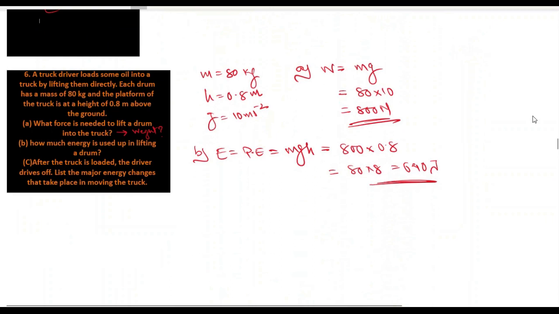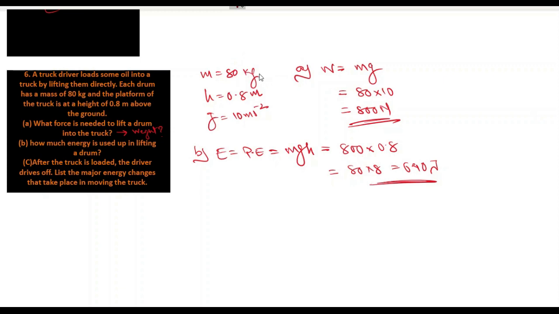I've already solved this next question because there was some technical glitch in recording. So I'm just going to explain you how I have solved it. A truck driver loads some oil drums into a truck by lifting them directly. Each drum has a mass of 80 kg and the platform of the truck is at a height of 0.8 meter above the ground.